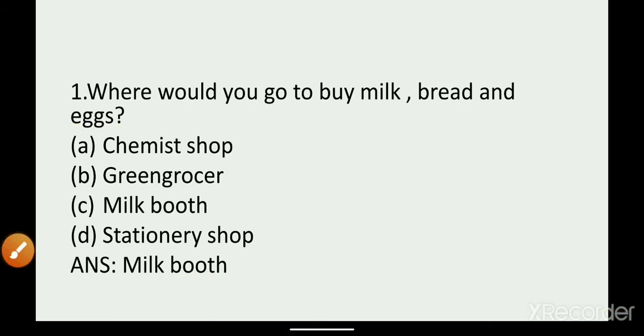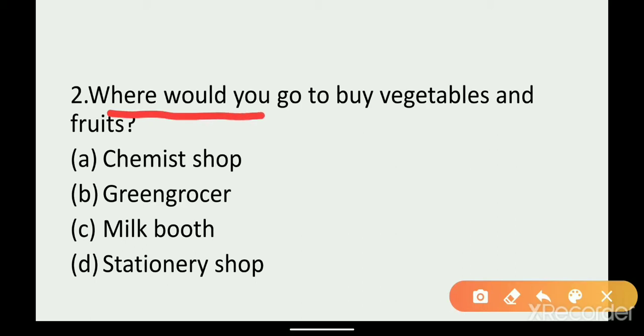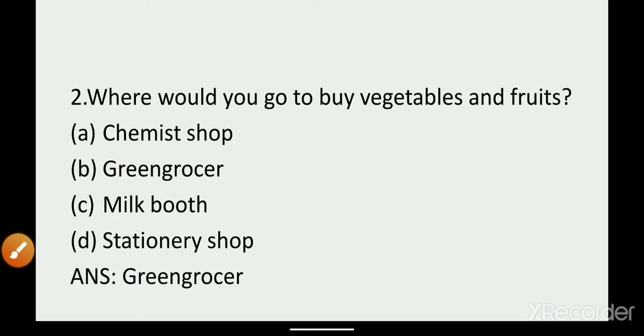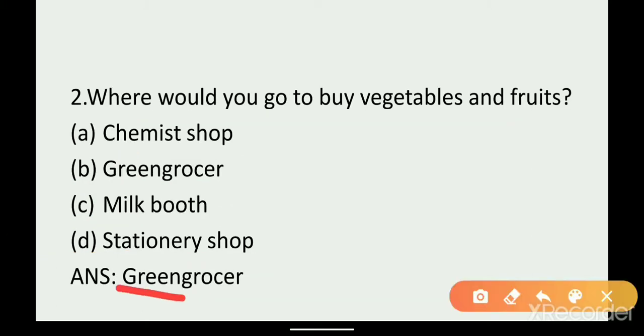Next, where would you go to buy vegetables and fruits? A, chemist shop. B, greengrocer. C, milk booth. And D, stationery shop. Your answer will be greengrocer, because at chemist shop we'll buy medicines.